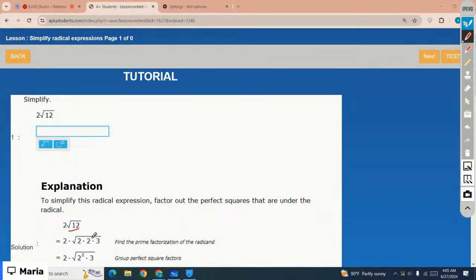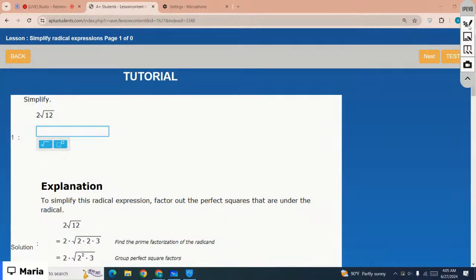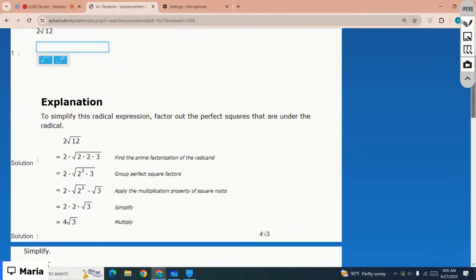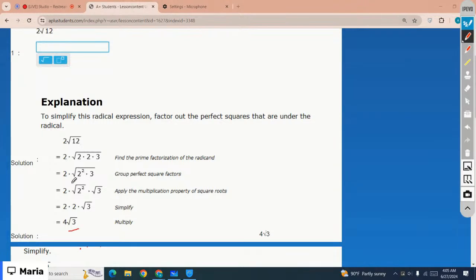So you can write 12 as 2 times 2 times 3. You can write 12 as 2 square times 3. Then you can write them down in separate radicals. 2 and square root cancel out. You are left with 2 times 2 square root 3. That is 2 times 2 is 4. So the correct option is 4 square root 3, right?